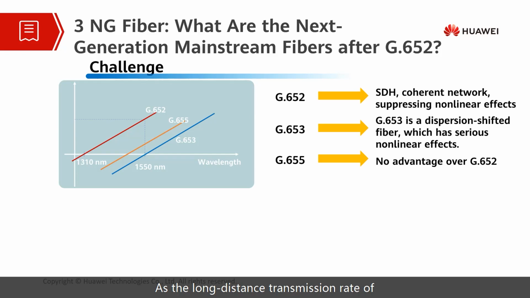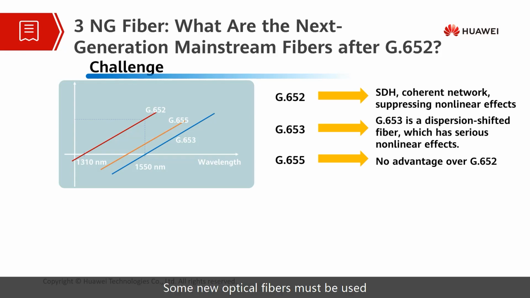As the long-distance transmission rate of the future backbone optical network increases continuously, the optical fiber technology also needs to evolve to meet the deployment requirements for 400 gig or even higher speed and large capacity systems.